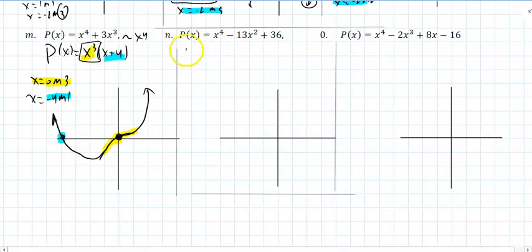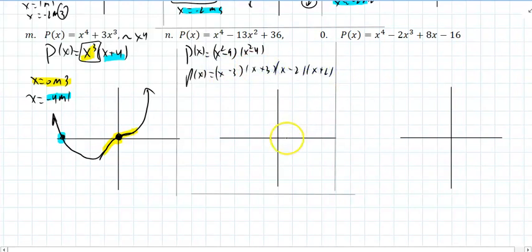How about here? This does factor. That is x minus 9 into x minus 4 squared. That is x minus 3, x plus 3. I think you're going to like this one. X minus 2, x plus 2. There are 4 intercepts. There is 2, 3, negative 2, negative 3.